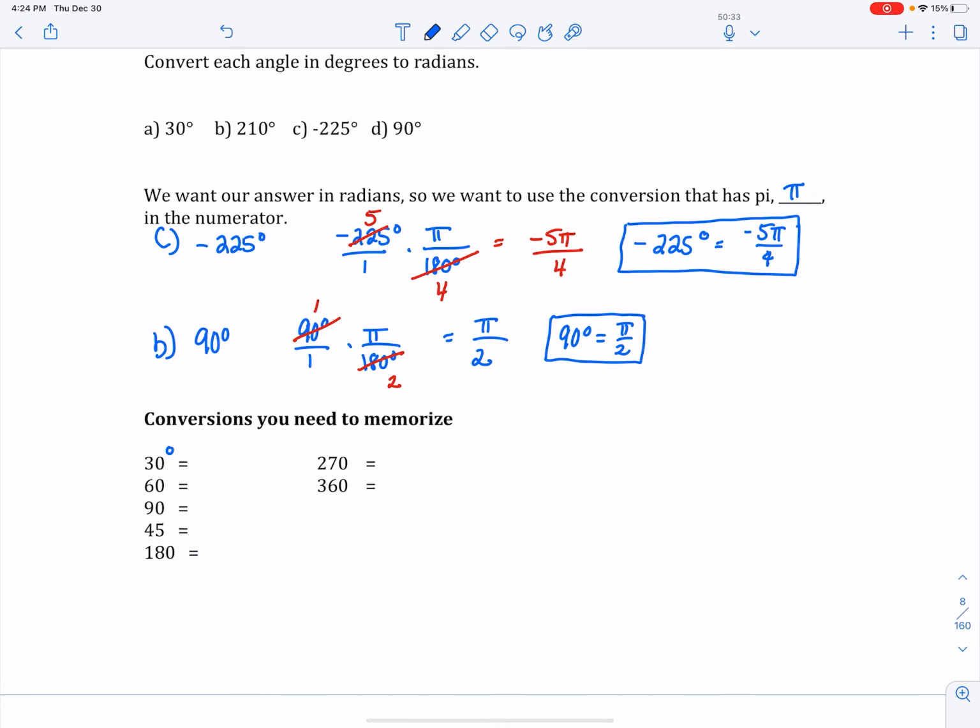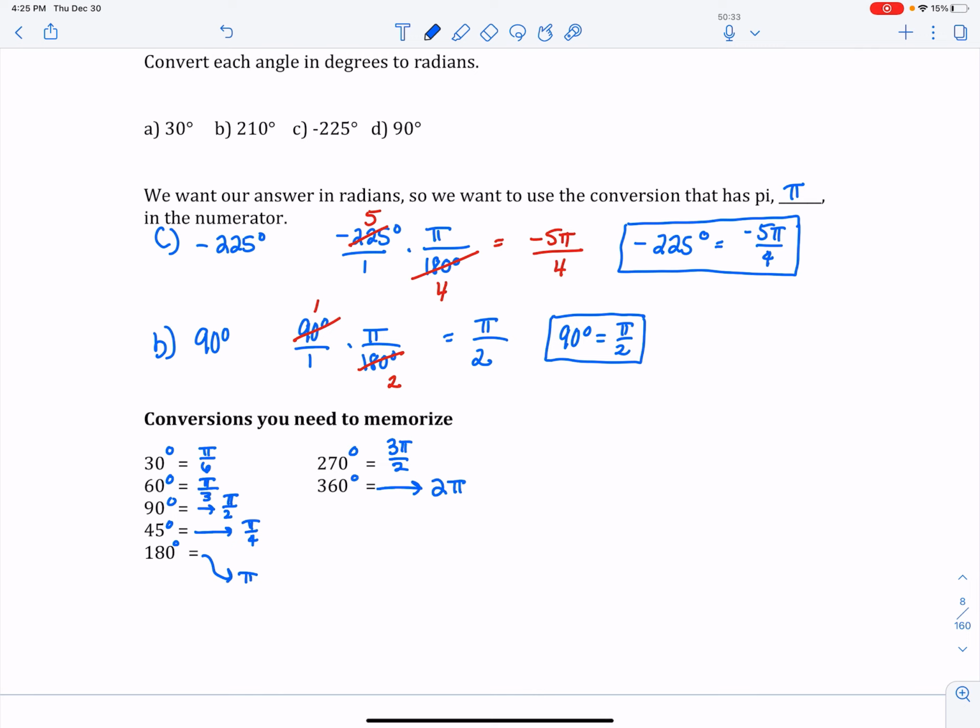So here's the deal. 30 degrees is equivalent to pi over 6. 60 degrees is equivalent to pi over 3. 90 degrees we just did, which was pi over 2. 45 degrees is pi over 4. And 180 degrees is pi. 270 degrees is 3 pi over 2. And finally, 360 degrees is 2 pi.